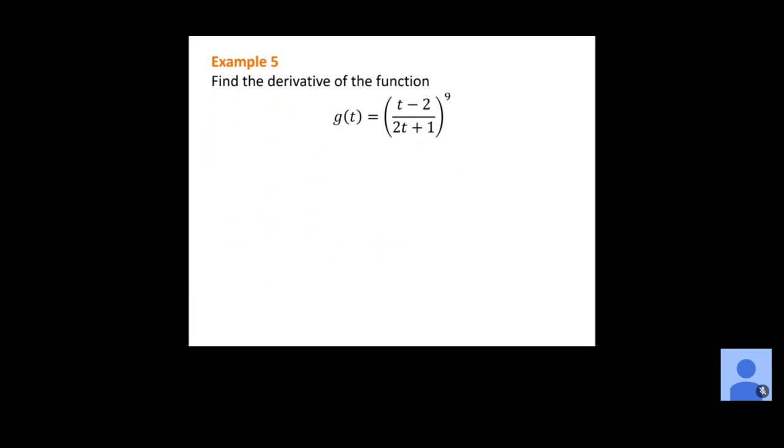So what are we going to have to do to find the derivative? Okay, so we are going to need f and g this time because there's going to be a quotient rule within this. But overall, this is actually going to be what rule?